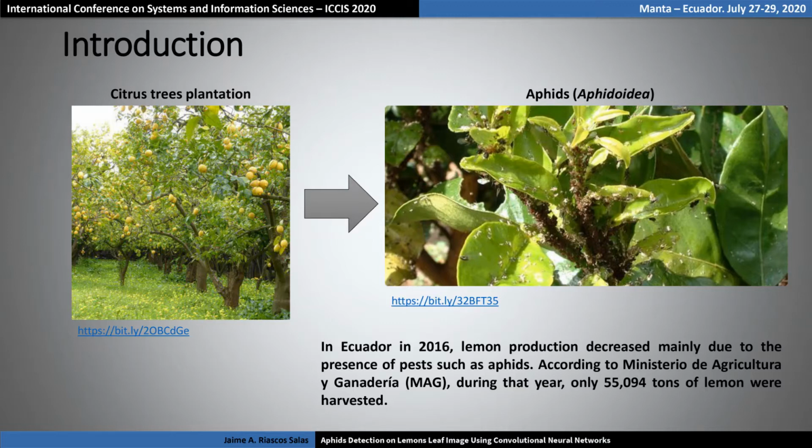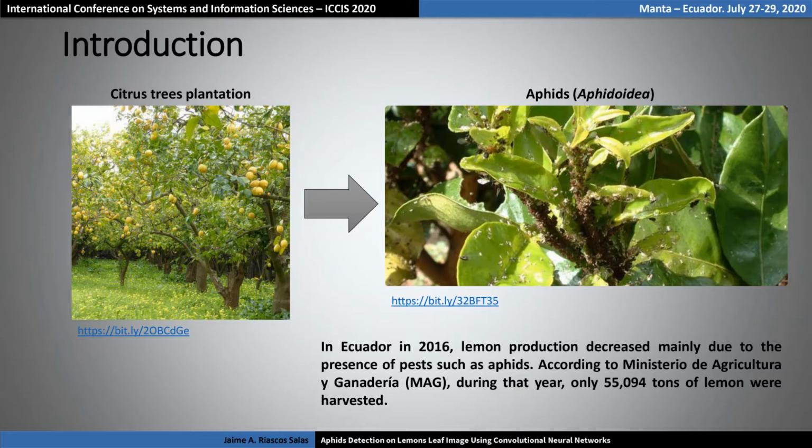Early detection and identification of lemon plant disease is necessary to minimize the loss of plants, for better treatment and preventing the spreading of the disease, and in this way improve the crop production. Therefore, more advanced and sophisticated methods should be used to support aphid detection on lemon's leaf.